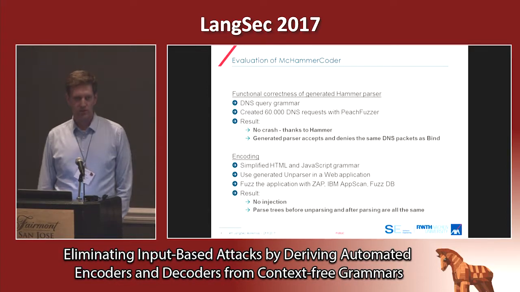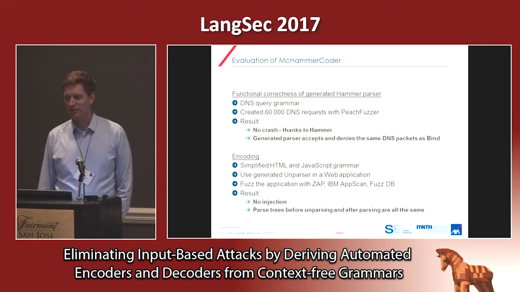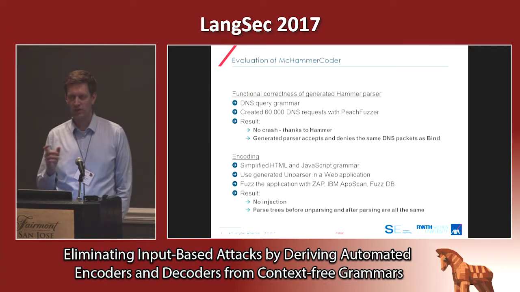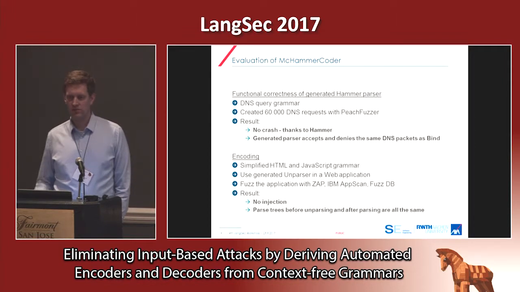We did not find anything, which might be okay, but I hope we did not miss something there. We also compared those parse trees, because we have a different encoding than the one specified within HTML. We came up with a generated encoding which browsers definitely do not understand, but our own decoder does. When we compared the parse trees we sent and the parse trees we parsed again, we did not find any differences for all those inputs.